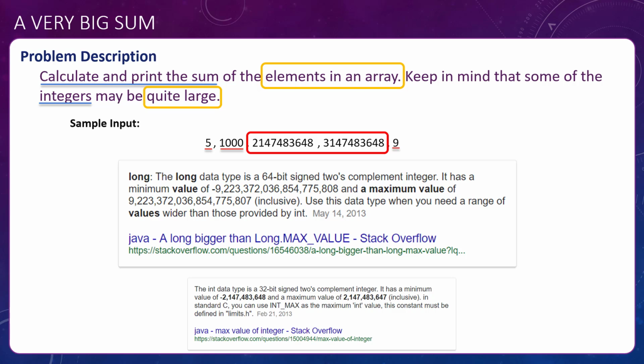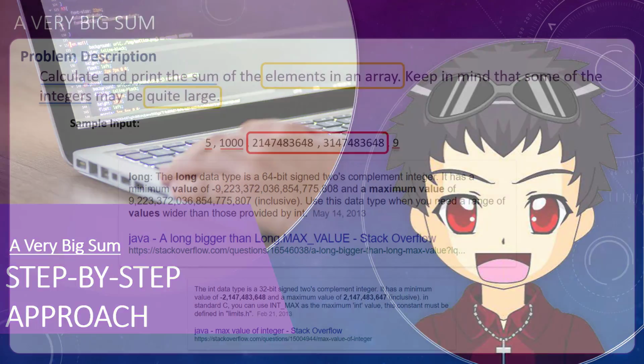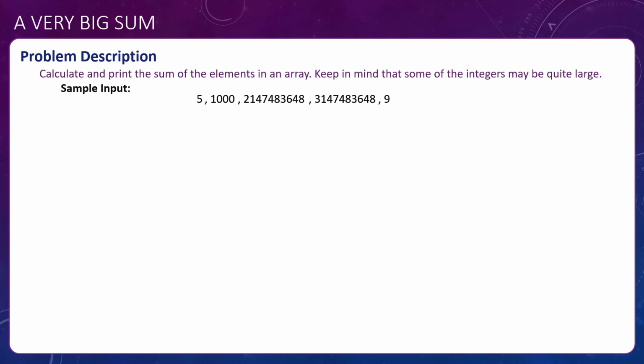So in this case, instead of using integers, just like what we did in our previous example, we'll be using long. How are we going to implement this? Here is the step-by-step approach. We will have a sum, initialized to 0, and then we have a cursor that will traverse through the entire array. 0 plus 5 will be 5.